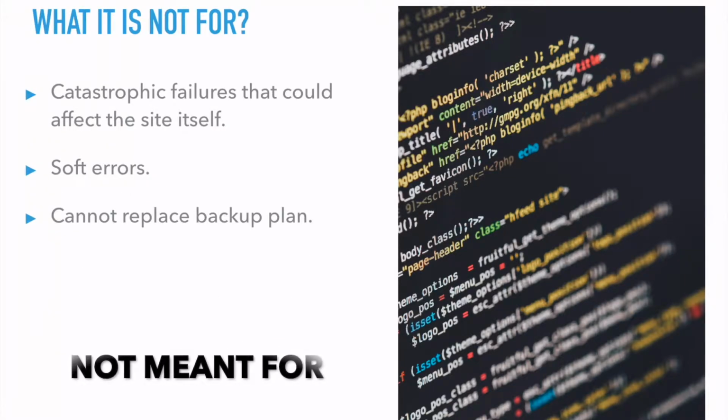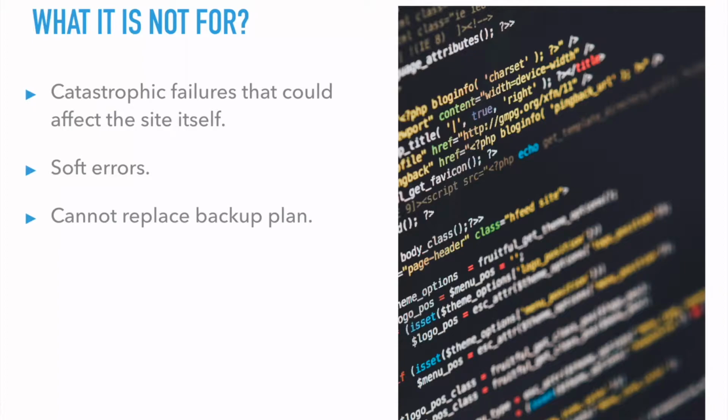Before I get into the intricacies of RAID setup, let's look at what it is not intended for. RAID cannot compensate for catastrophic failures that could affect the site itself. RAID is within the data center. It is working on the server, it is working on the NAS or the SAN. It doesn't mitigate the problem of a failure which occurs at the data center level. It cannot mitigate soft errors.